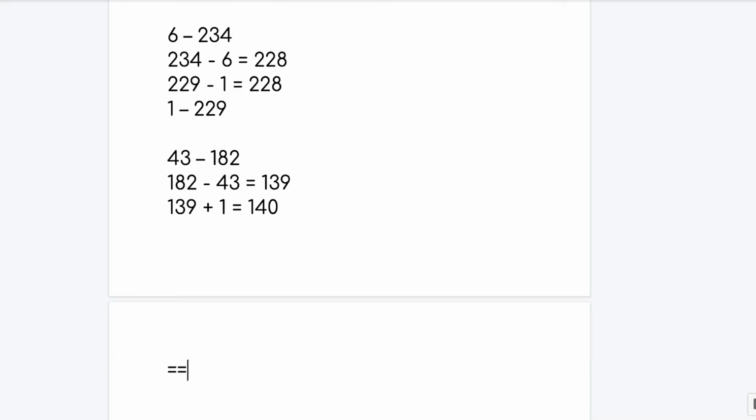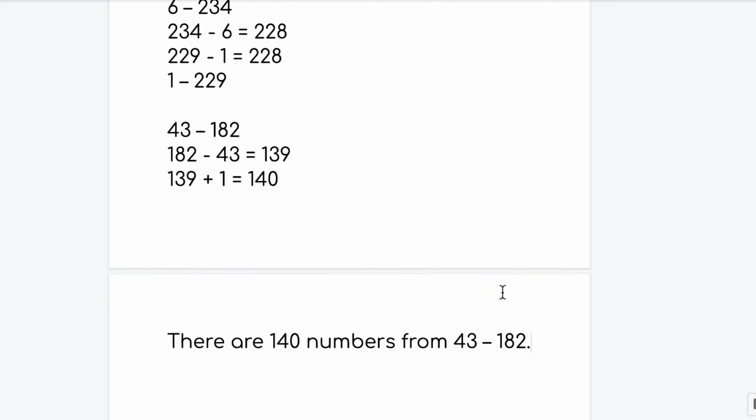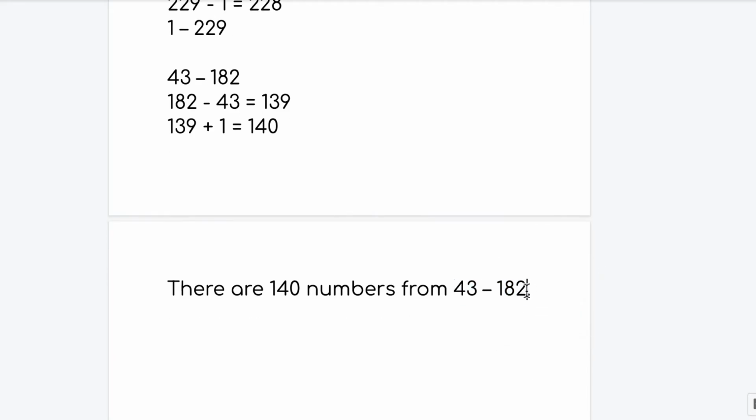This means there are 140 numbers from 43 up to 182. Of course, this is inclusive, which just means that we are including both of these numbers. So we're counting 43 and we're also counting 182.